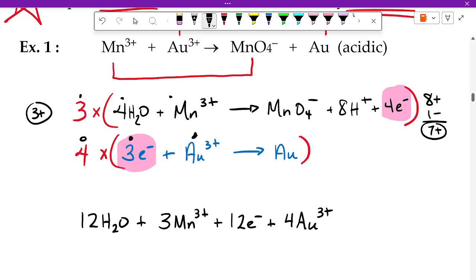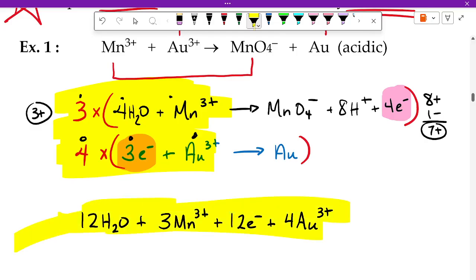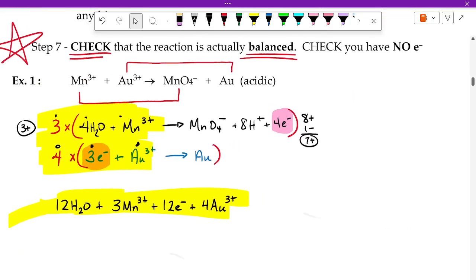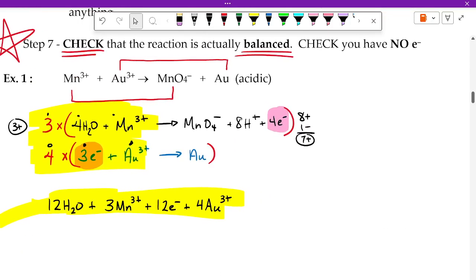Those are all the reactants, yes? That was everything on this side. Now I've kind of run out of room, which is irritating. Oh, I haven't run out of room, I've just made my page really big.